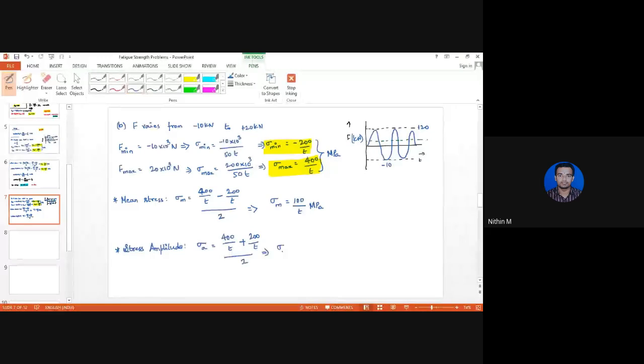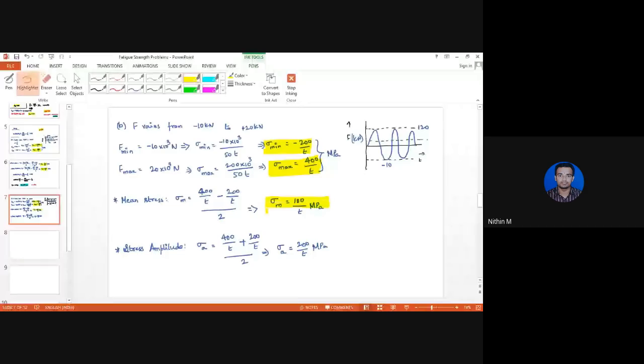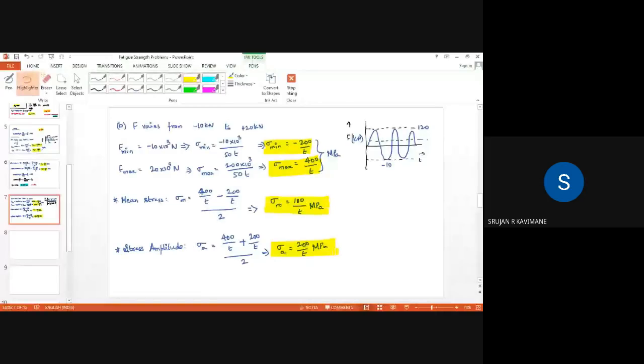So thereby stress amplitude will be 300 by T. Sigma m, sigma A correct? Sigma A should be 600 by T, sir? Any doubts so far? 300 by T, sir. This is 300, sorry.